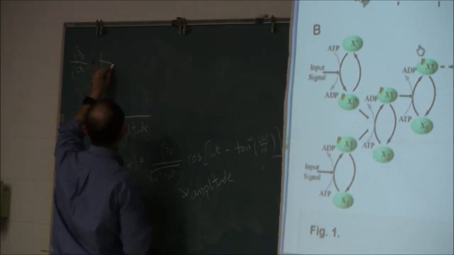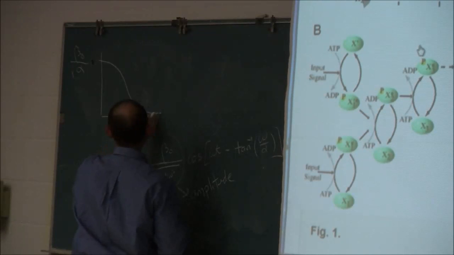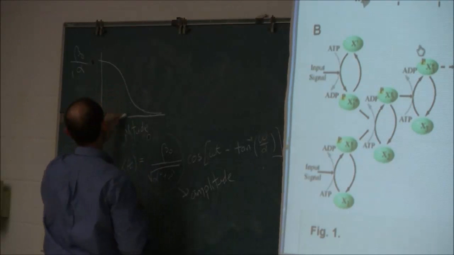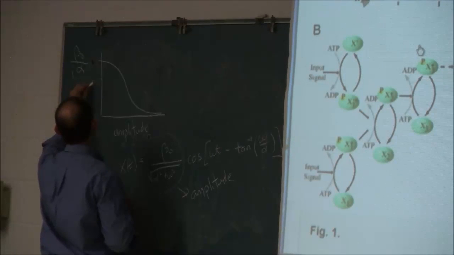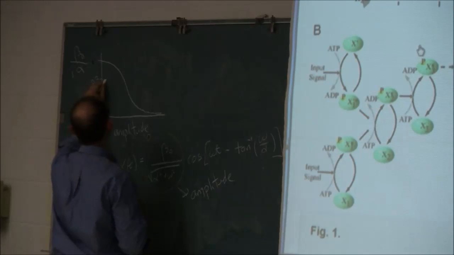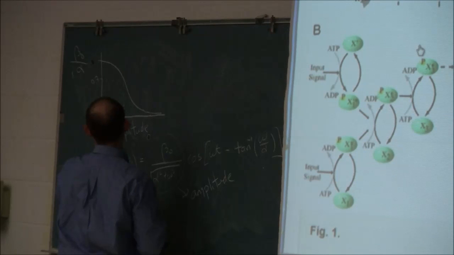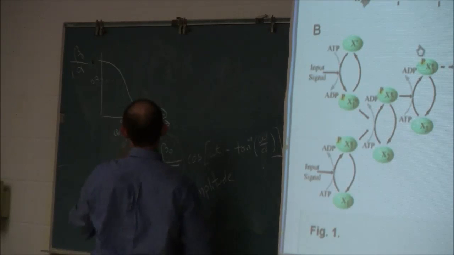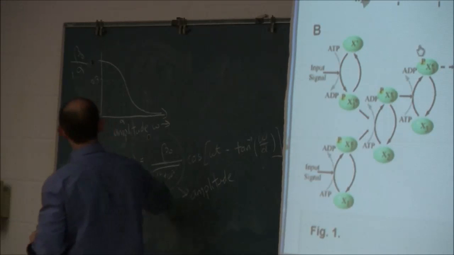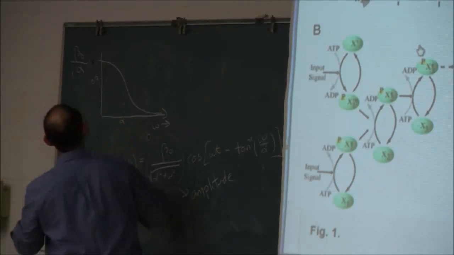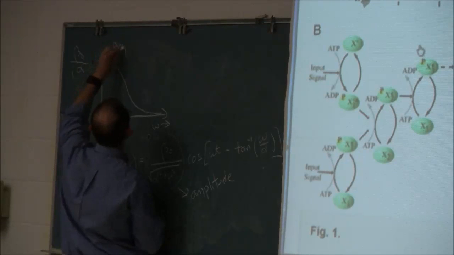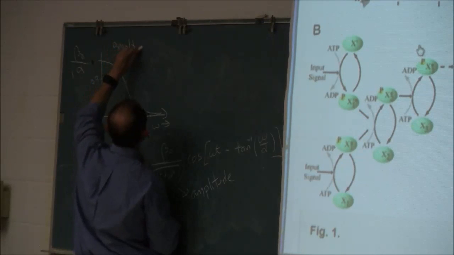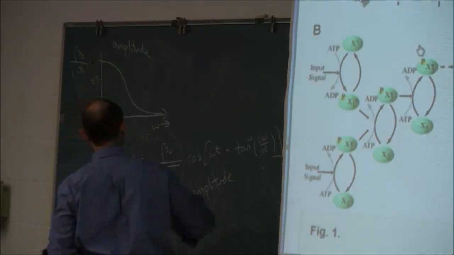Then theoretically, it should look something like this, where at 0.7 or so, this is alpha, and this is the omega axis. So amplitude as a function of omega. Here, I should say amplitude as the title.